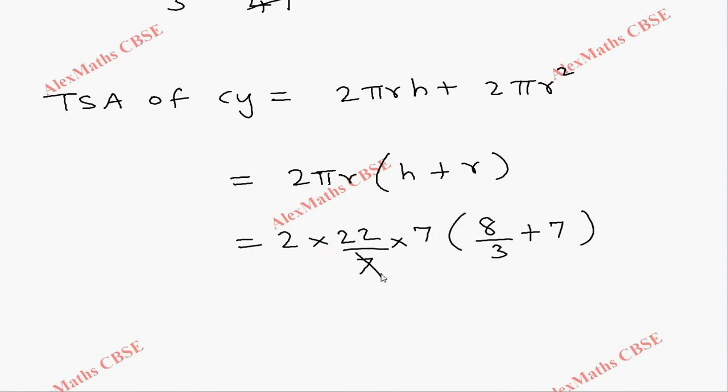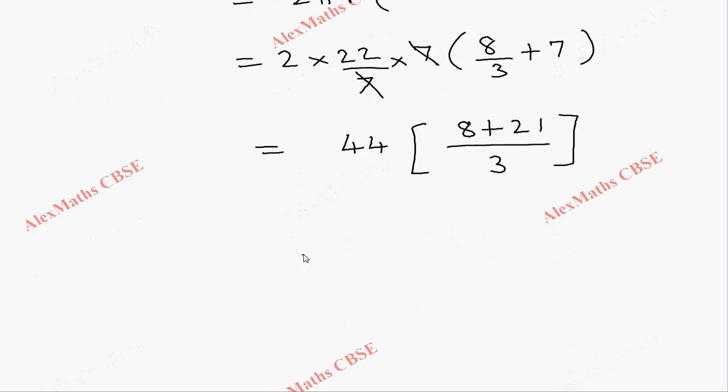We can cancel 7 and 7. This is 44. Taking LCM, this is 3. 8 plus 7 3s are 21. So totally this is 44 into 29 divided by 3.